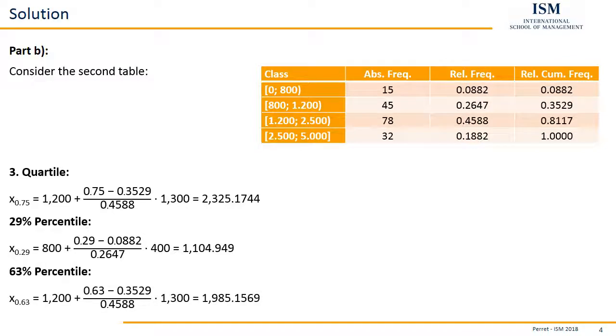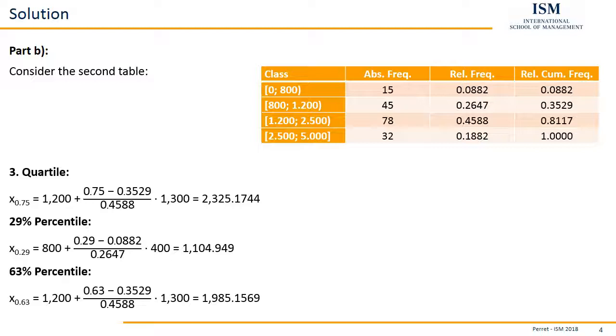This explains that here we have the same starting value of the lower bound of 1200, but on the fraction line we have the 63% minus, and here we have the same as the first one, the relative accumulated frequency of the class before being the 0.3529 divided by the relative frequency of the percentile class being the 0.4588.